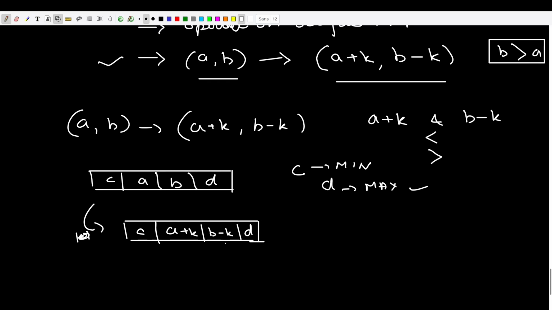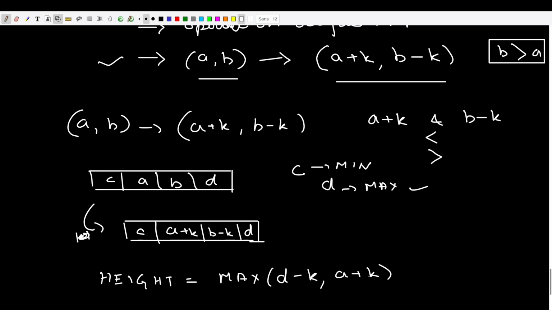Now what we have done is basically we have added k to a. So it might be possible that a plus k is greater than d. That is why, when we compute the height, the maximum will be the maximum of d minus k, I'll come to why I'm subtracting k from d, and a plus k.